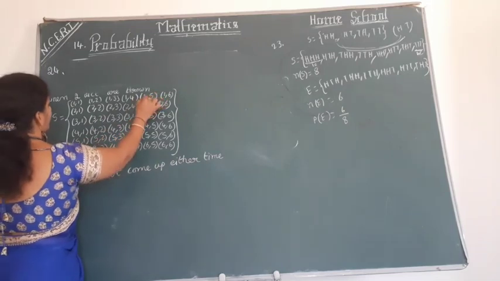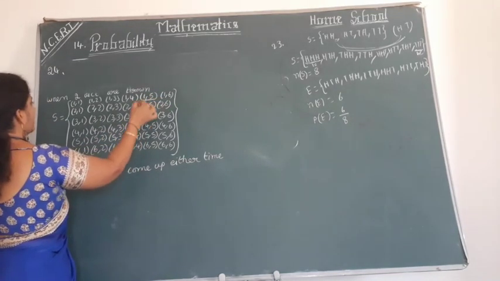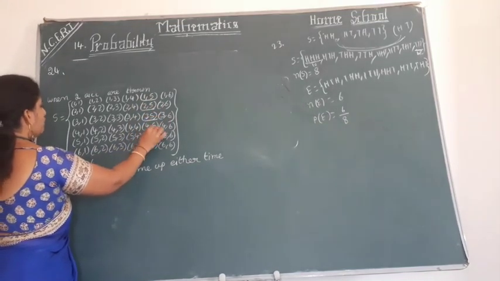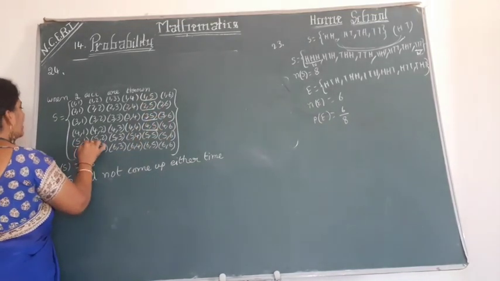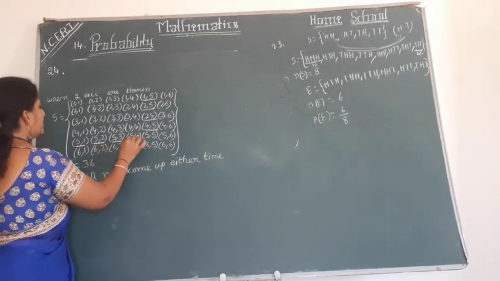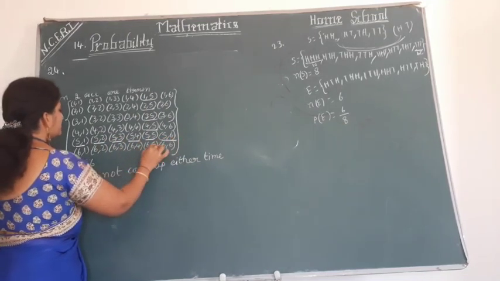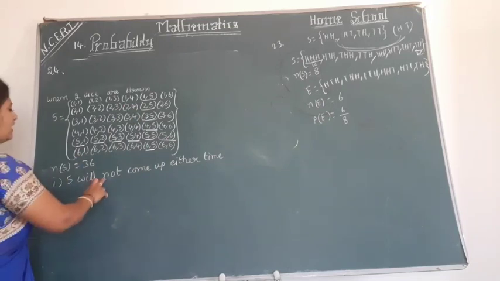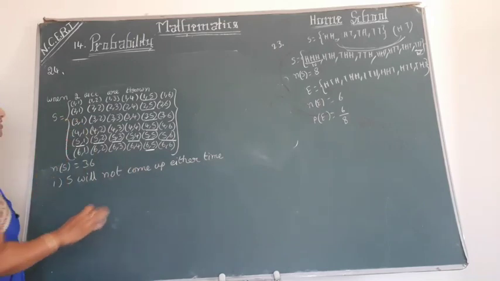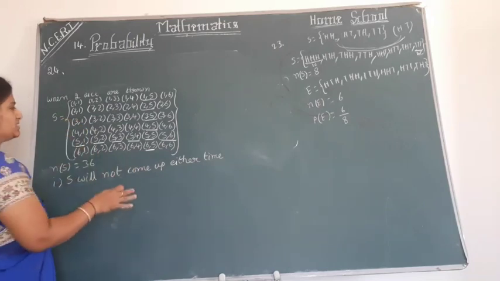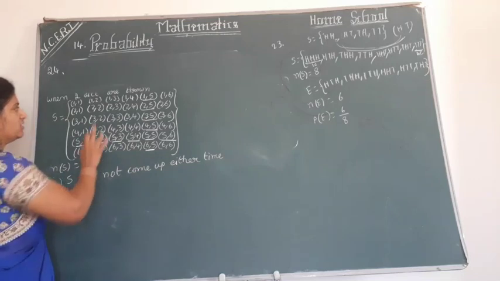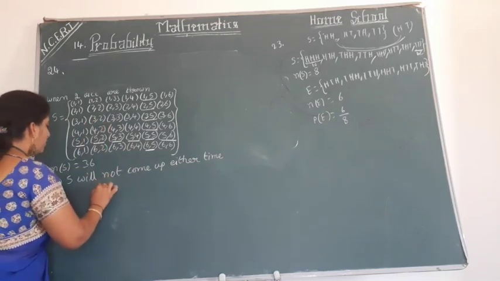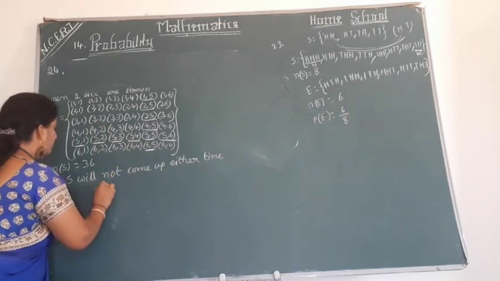Here, one time: 1 5, 2 5, 3 5, 4 5, 5 1, 5 2, 5 3, 5 4, 5 5, 5 6, 6 5. See how many times it comes up. Let's see that first, then we can answer for not coming up. So here, any time it does not occur is your question. So I need the probability, n of E bar.